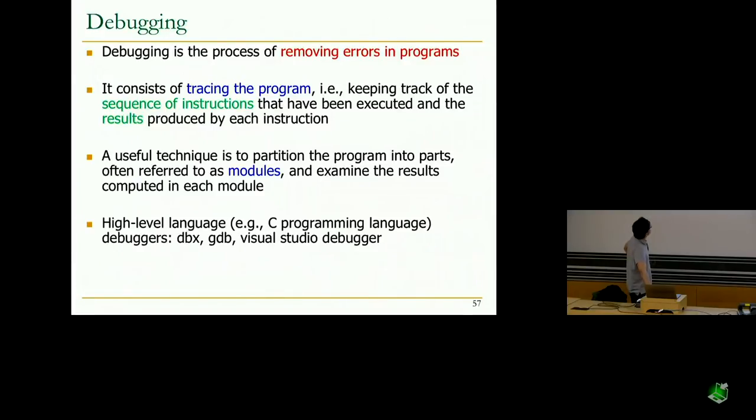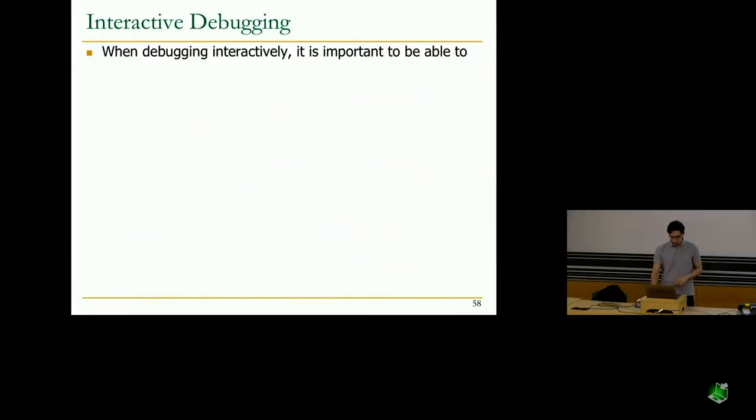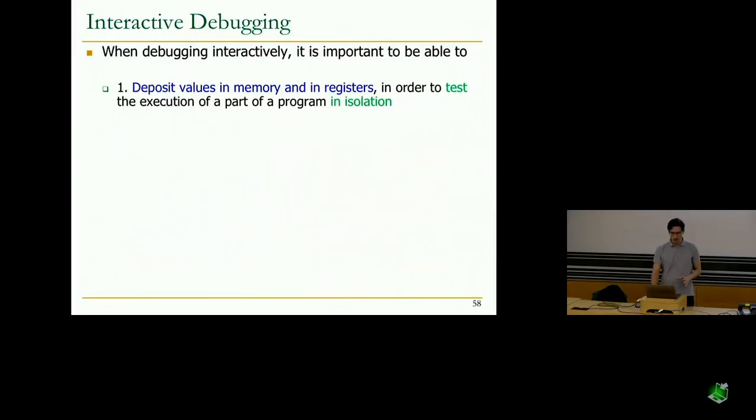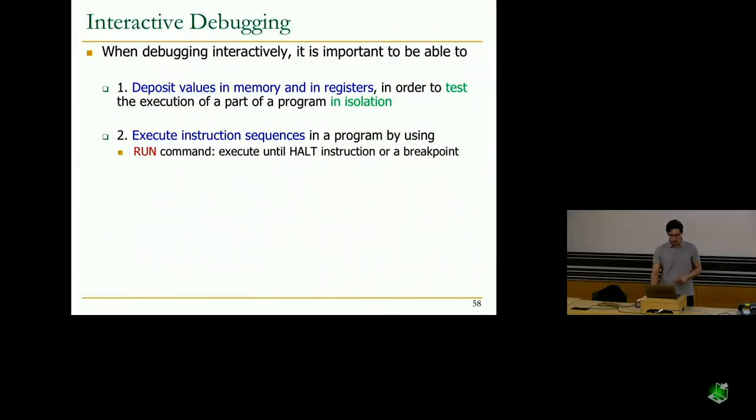Usually what we want to do is divide the program into different parts, modules that we are going to study and analyze in detail, independently. In interactive debugging, we put some values in memory and registers that we are going to use to test the code, and execute some instruction sequences.